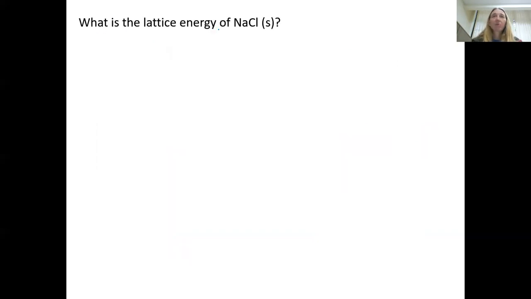And so here I'm going to start with what's the lattice energy of sodium chloride. So I'm going to start graphing this. The first thing I want to start with is lattice energy, which again is Na+ gas plus Cl- gas goes to sodium chloride solid, and that lattice energy is delta H lat.